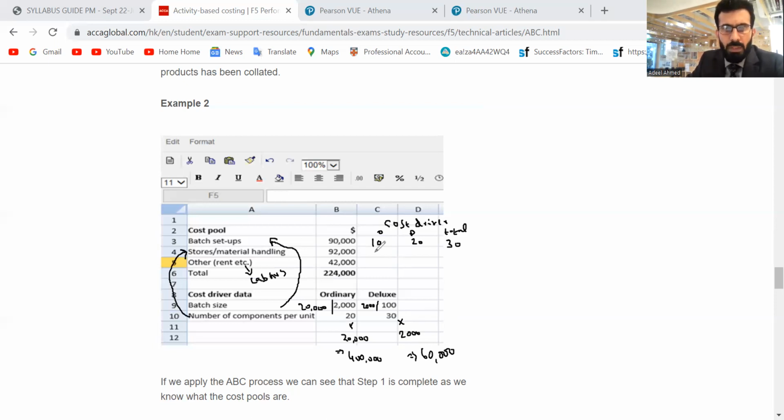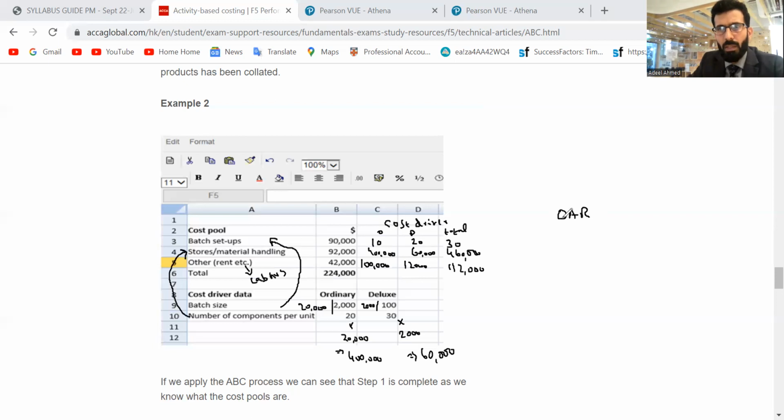And in total, 400,000 for ordinary and 60,000 for deluxe, a total of 460,000. And then rent, as we said, other will absorb on labor hours, and labor hours we have already identified: 100,000 labor hours for ordinary and 12,000 labor hours for deluxe, giving a total of 112,000 labor hours. So based on this information, we will now be calculating based on the cost driver data, which is our third step.